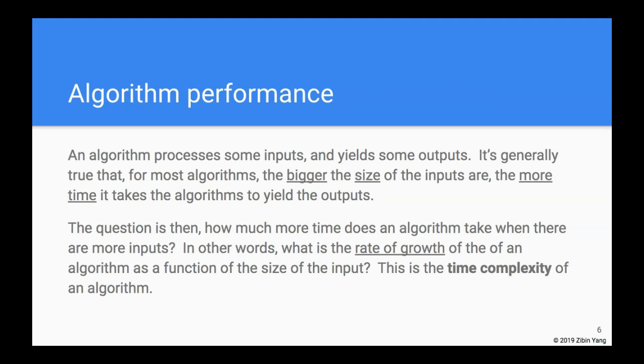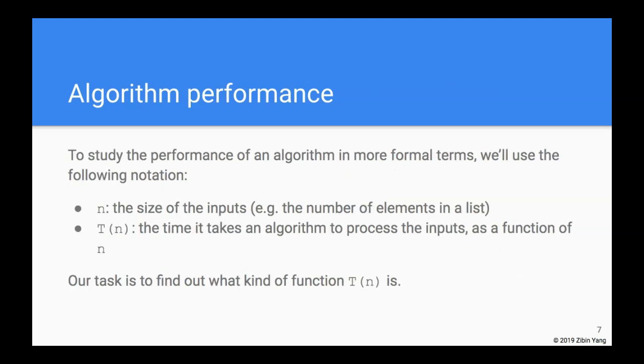Then the interesting question becomes, how much more time would an algorithm take when there are more inputs? In other words, what is the rate of growth of an algorithm as a function of the size of the input? This is called the time complexity of an algorithm.